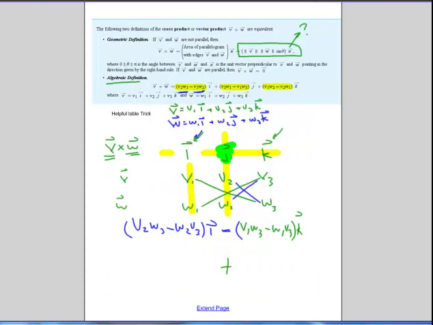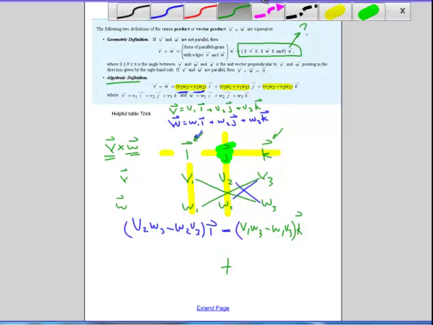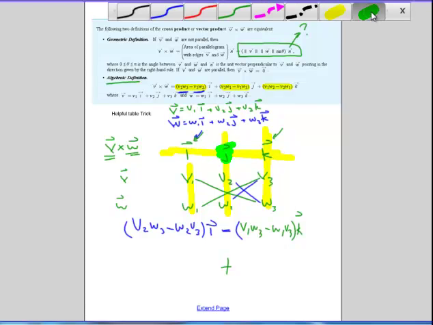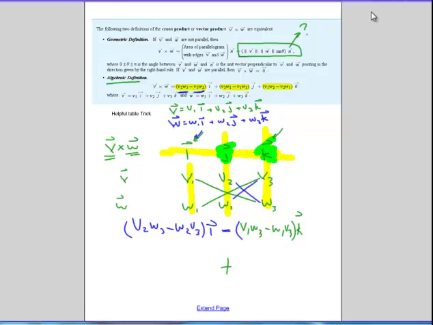Plus, and now we cover the k column, and we're now interested in k. So here we're going to have v1 w2 minus w1 v2, k.